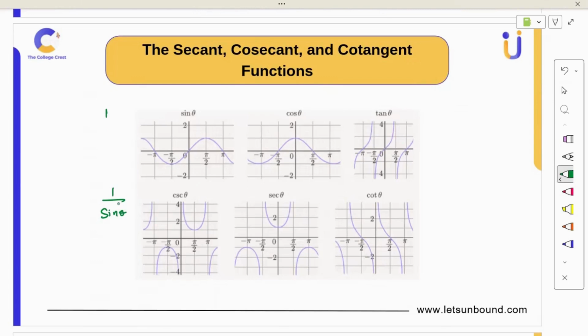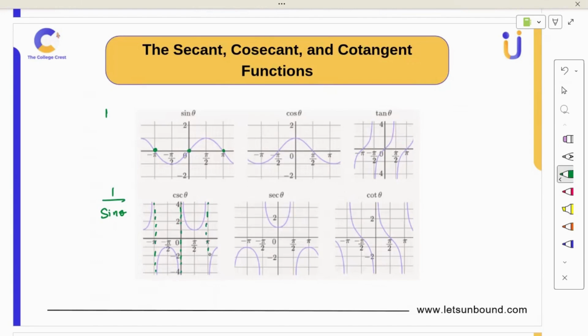And if your domain value is working on a denominator, then wherever your denominator becomes 0, those will have discontinuity. So here, sine theta will become 0 at pi, minus pi, at 0. At these places, you see there are vertical asymptotes.